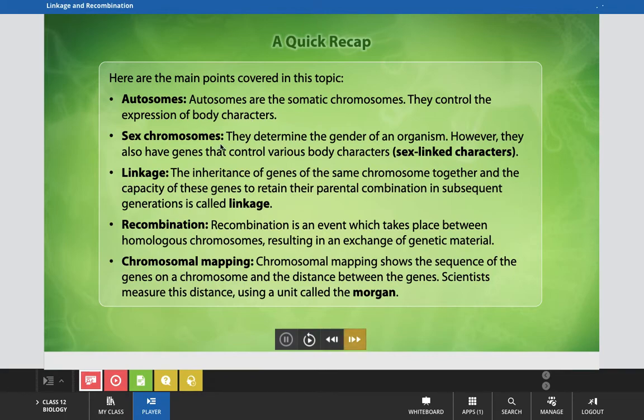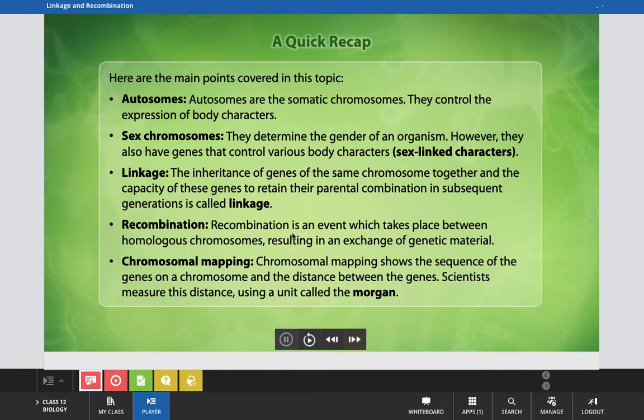Sex chromosomes are the chromosomes which determine the gender of an organism. However, they also have genes that control various other body characters, which are known as sex-linked characters. Linkage: the inheritance of genes of the same chromosome together, and the capacity of these genes to retain their parental combination in subsequent generations, is called linkage.